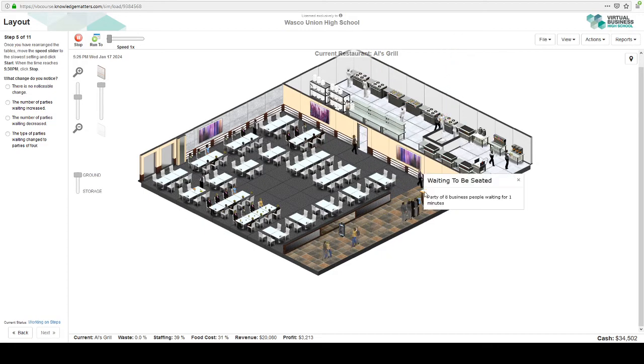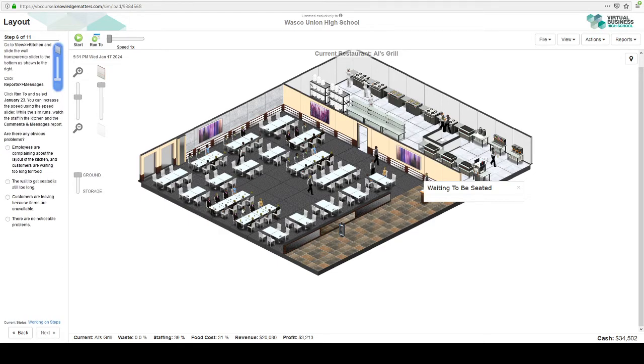And if we look here, how many people are waiting? Not very long, right? So, 5:30. There we go. So the number of parties waiting decreased. That's good.